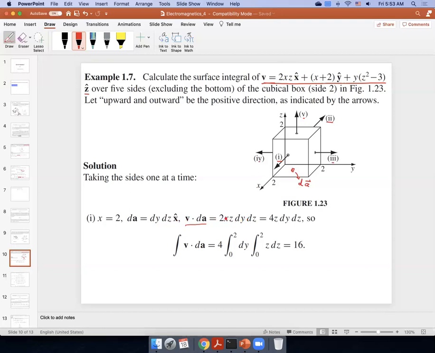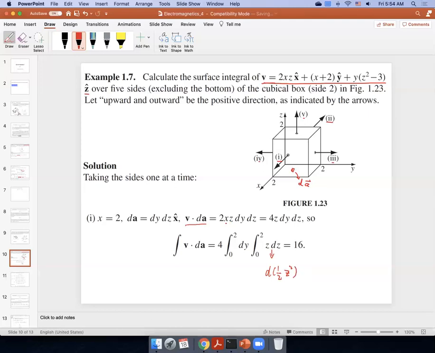And we know the value of x here. x equals 2. So it becomes 2 times 2z dy dz. So it's 4z dy dz. And then let's do the integral. It becomes 4 dy and z dz, because dz depends on z. So here again, z dz becomes d of 1/2 z squared.